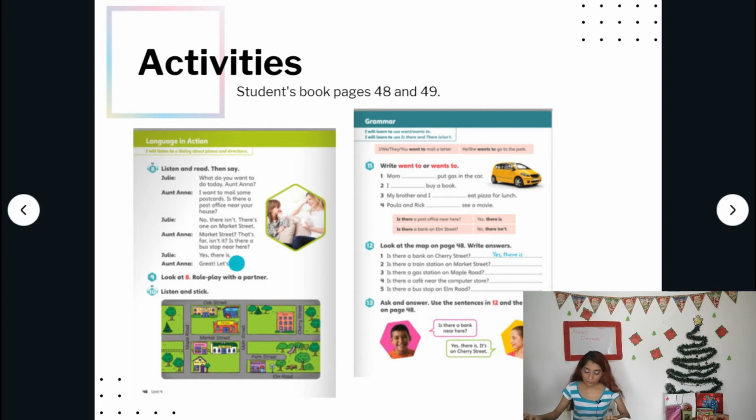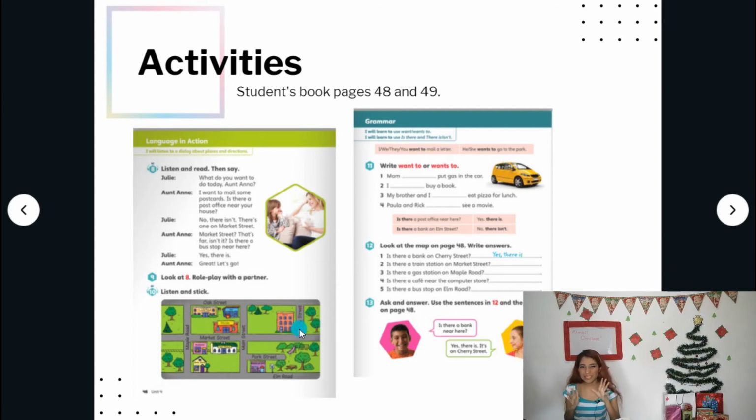Like we have Maple Road. In here we have Oak Street, Market Street, Main Street, Park Street, and this whole street is Elm Road and Cherry Street.